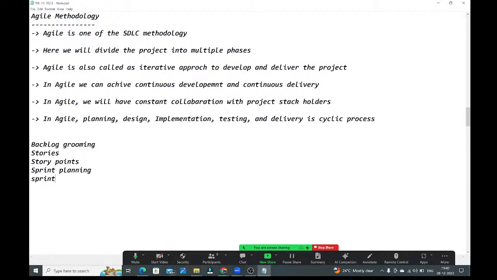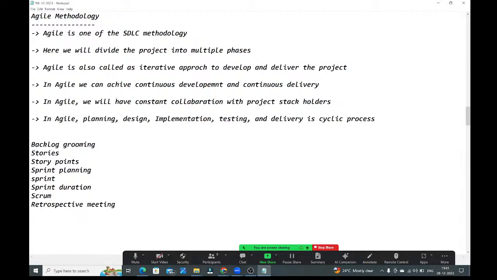And we have sprint duration, and scrum, and the retrospective meeting. All this terminology we need to use when we are working with agile methodology. If you are working with agile methodology, you should know this terminology, and you should use it in the company.